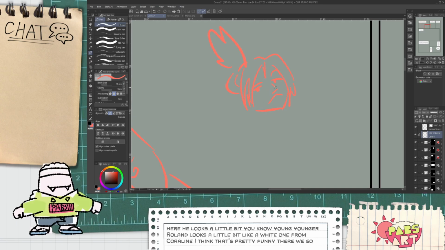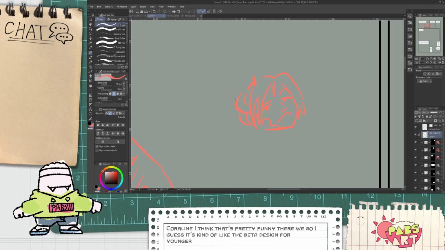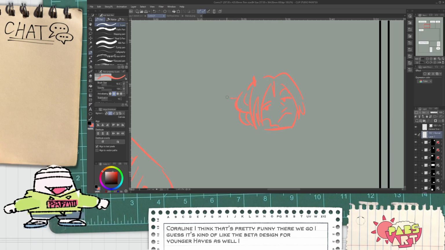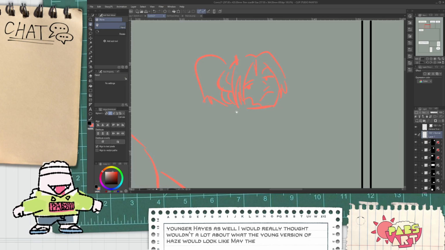There we go. I guess it's kind of like the beta design for younger Haze as well. I haven't really thought a lot about what the young version of Haze would look like. Maybe the ponytail will hang downward rather than upward.